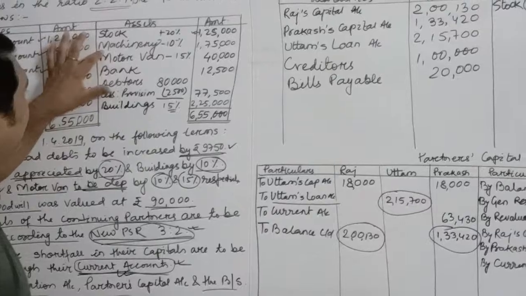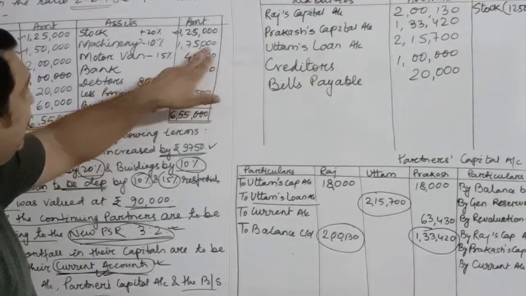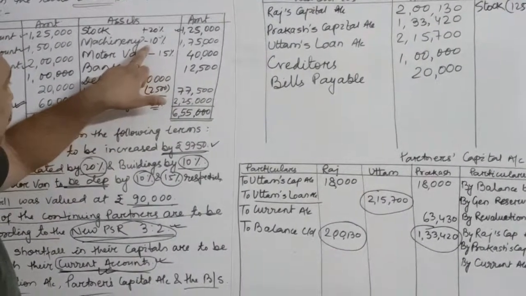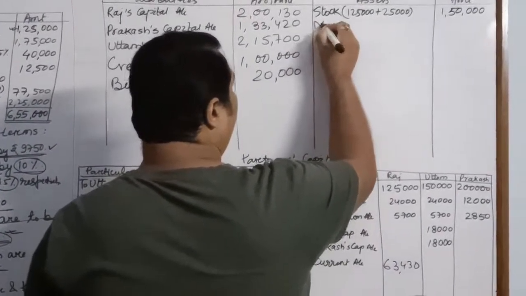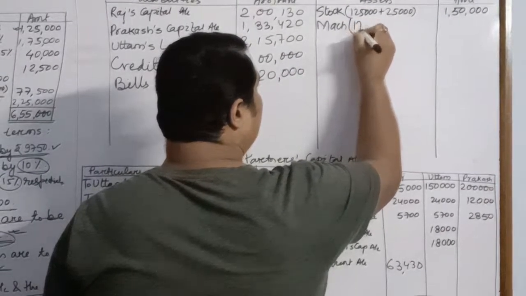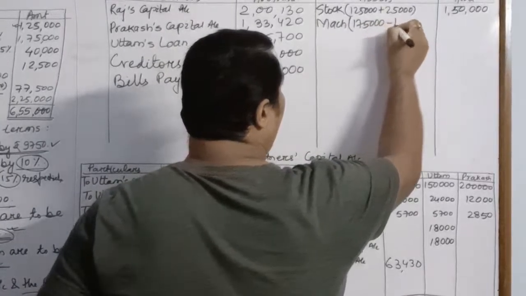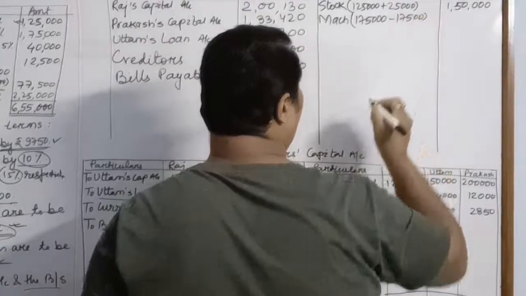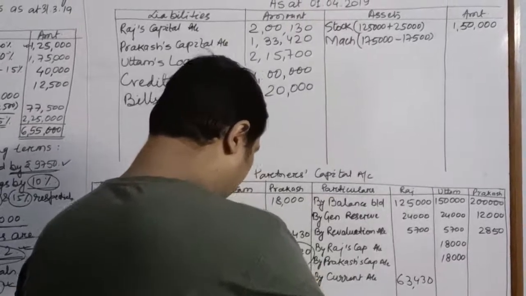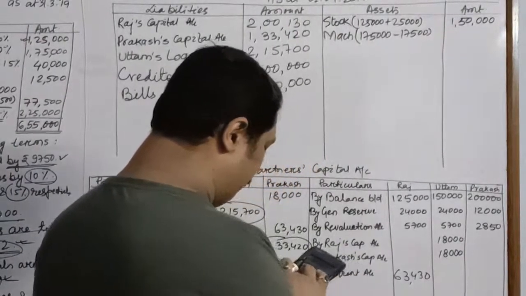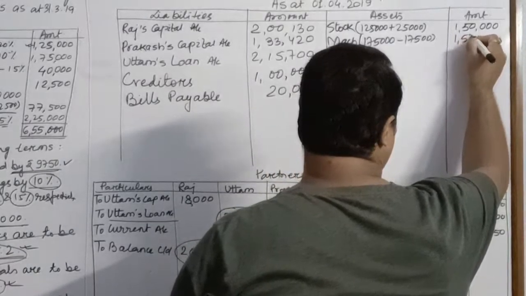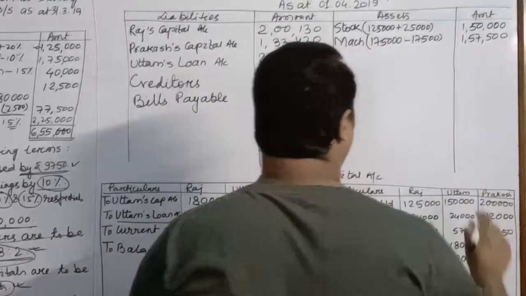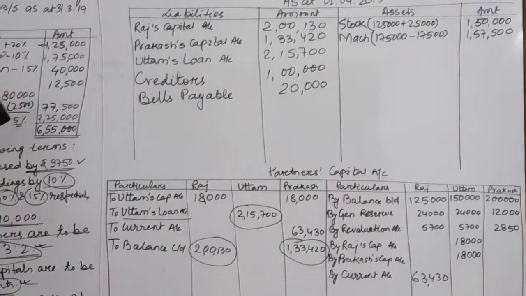After that, machinery was of 1,75,000, which was to be reduced by 10%. So I will write machinery over here 1,75,000 minus 17,500. So the balance is 1,57,500.